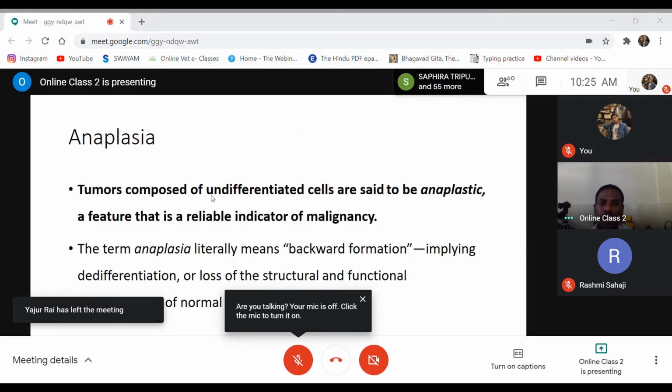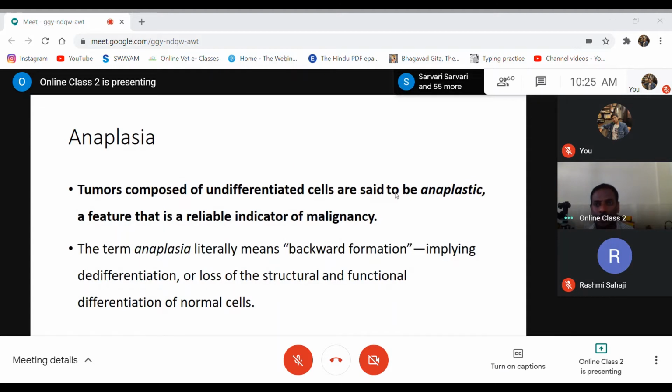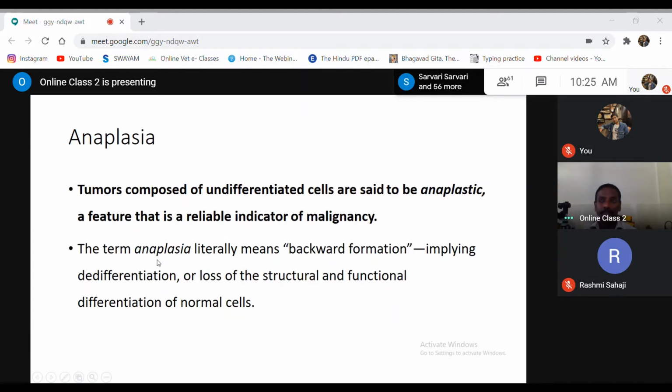Tumors composed of undifferentiated cells are said to be anaplastic. It is an important feature of malignancy. Most malignant tumors are anaplastic in nature. Benign tumors are well differentiated, and this differentiation can be both structural as well as functional.